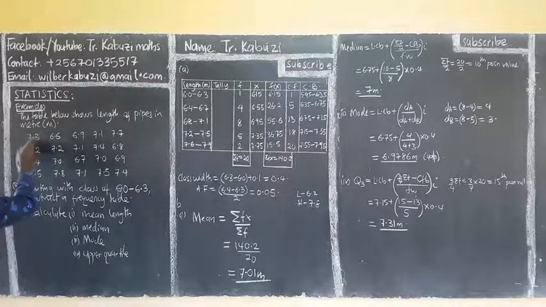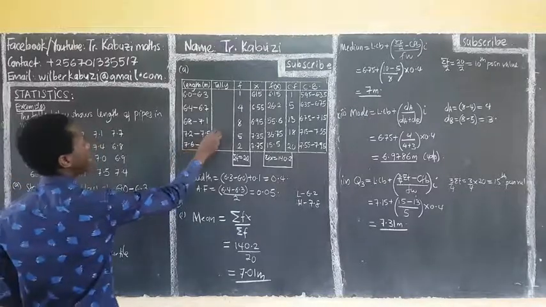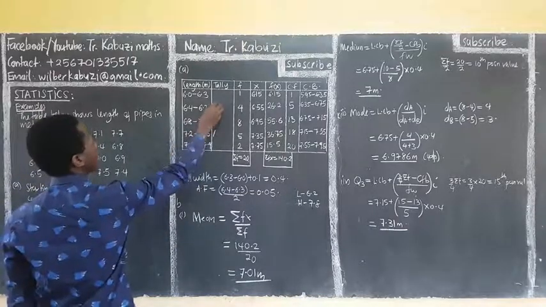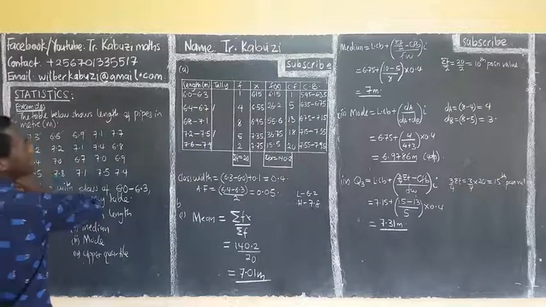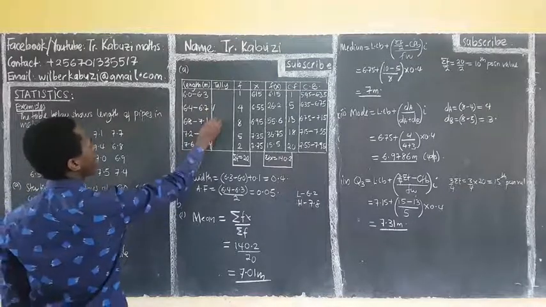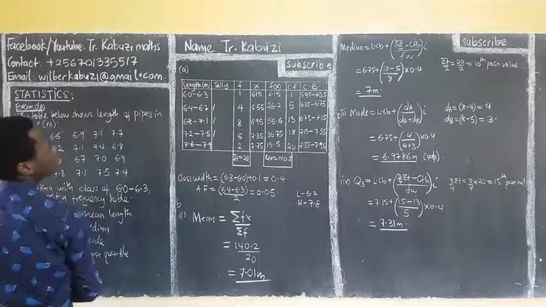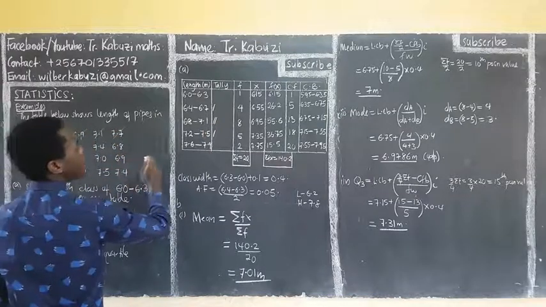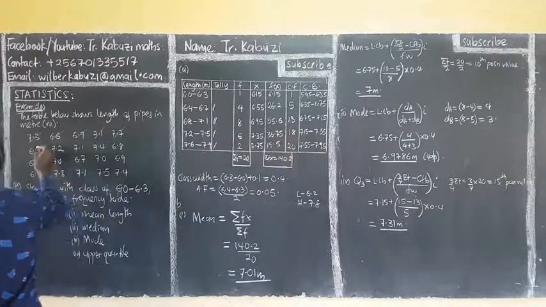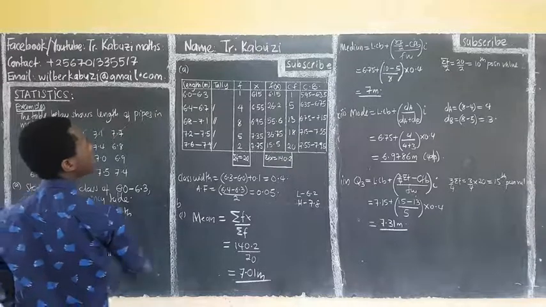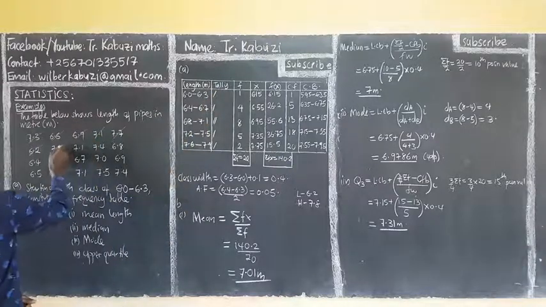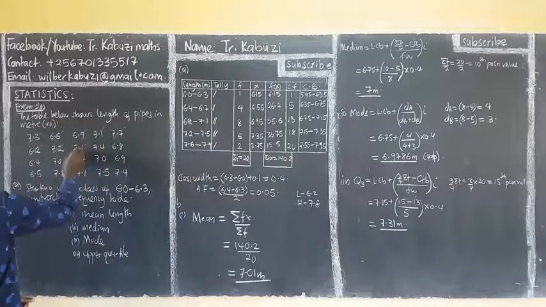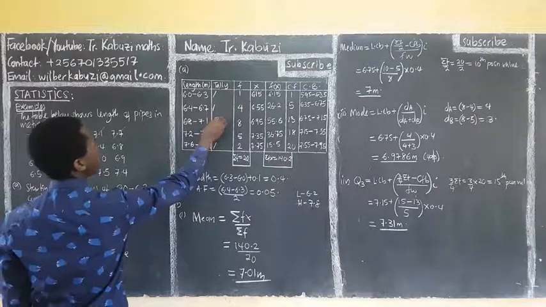So 7.3 is in this range, you put a stick there. 6.6 is there. 6.9 is here. 7.1 is here. 7.7 is here. 6.2 is here. Then 7.2 is here.